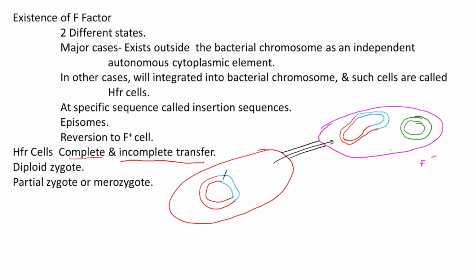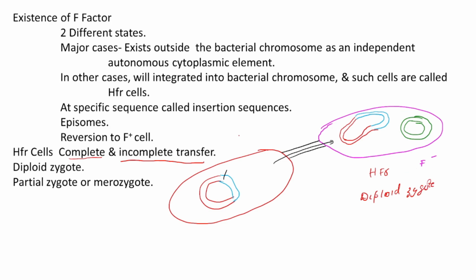When a bacterial cell gets a complete transfer of the HFR chromatin, this cell also becomes another HFR cell, and as it has got a pair of chromosomes, it is called a diploid zygote.